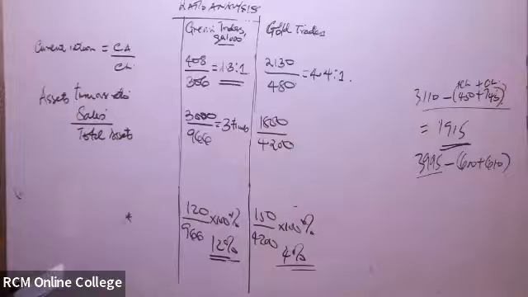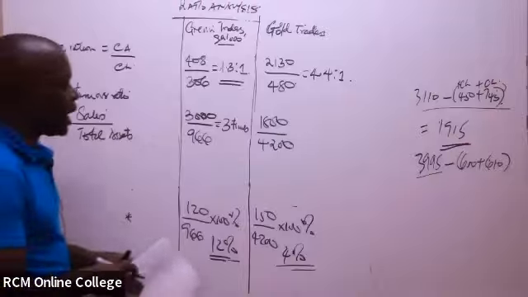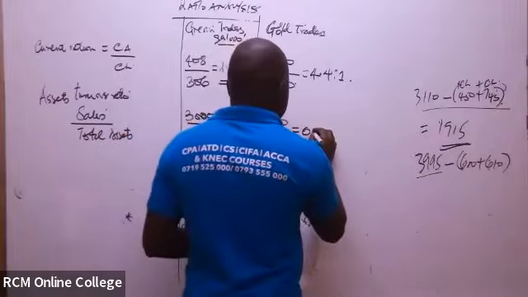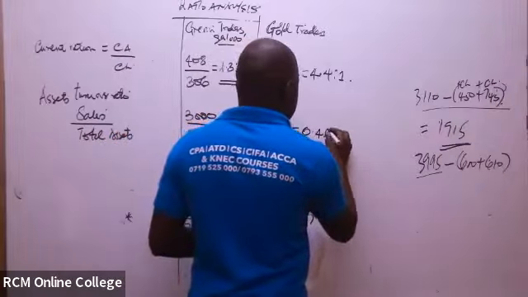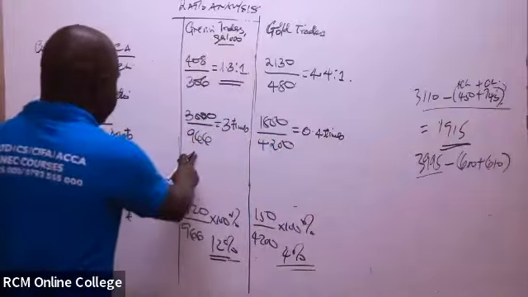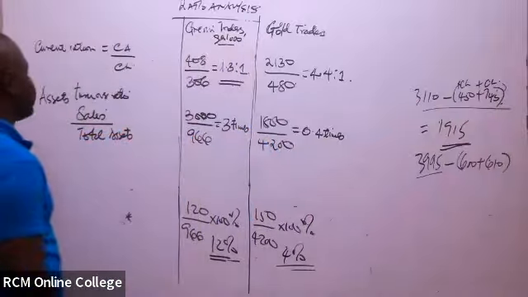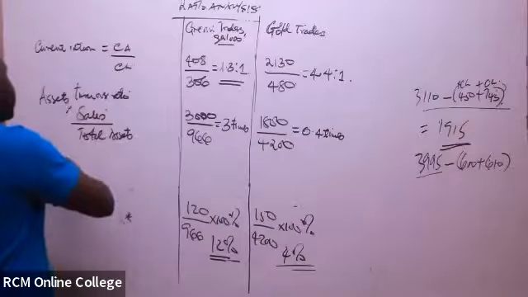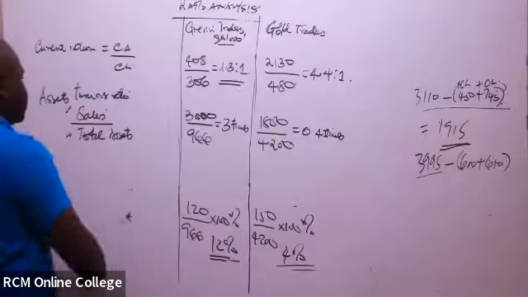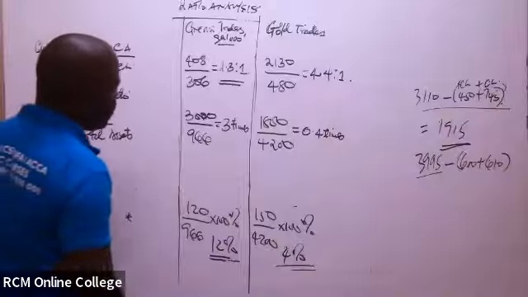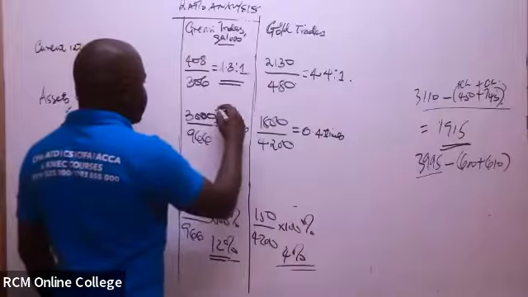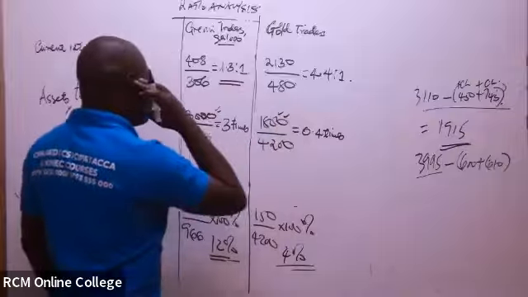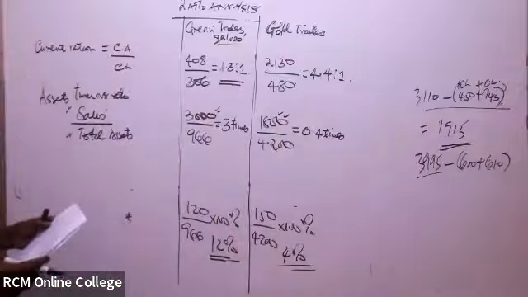It is 1,800 over 4,200, so it is 0.4 times. So here they are effectively utilizing their assets to generate sales revenues, compared to gold traders. It basically looks at how effectively you are utilizing your assets to generate your sales.